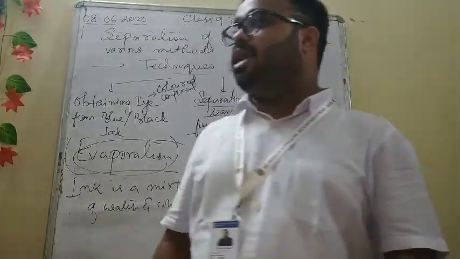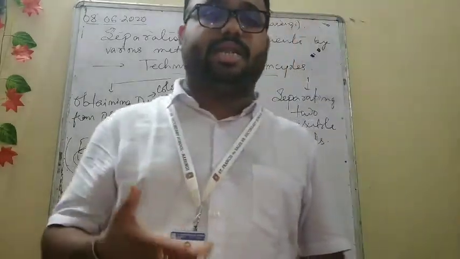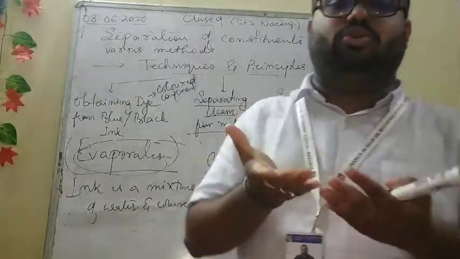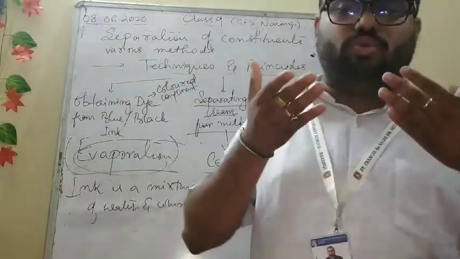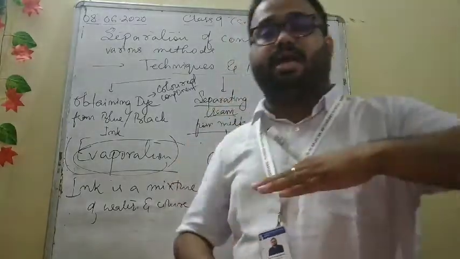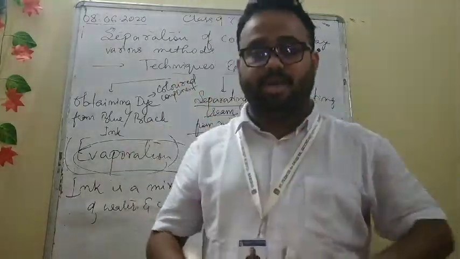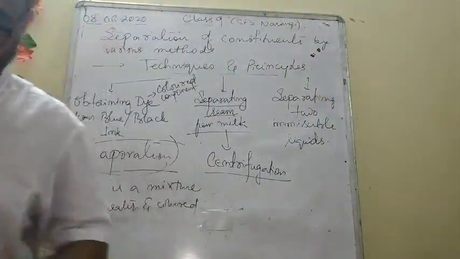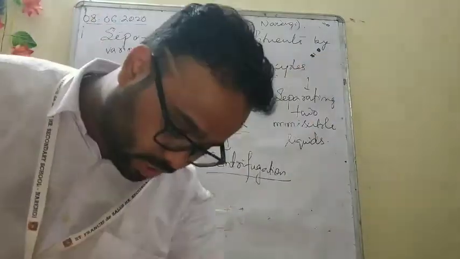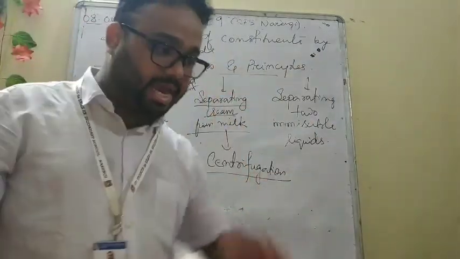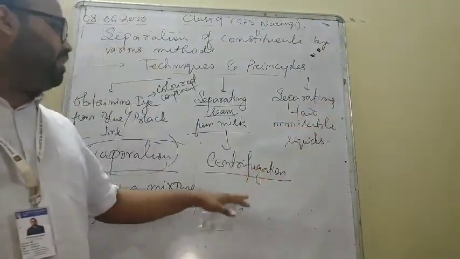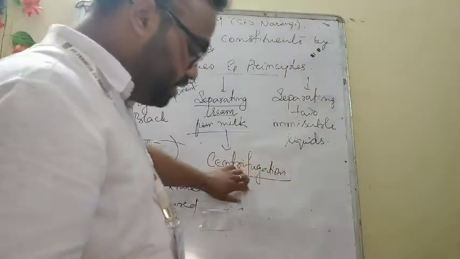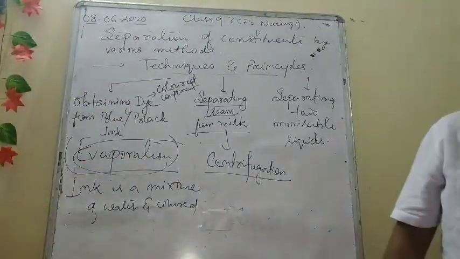The principle of centrifugation is that the component whose density is more settles down at the bottom, and the lighter particle comes up. The denser particles lie at the bottom and the lighter particles stay at the top.